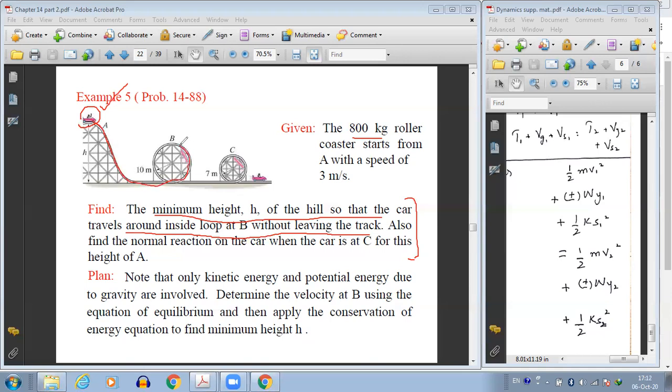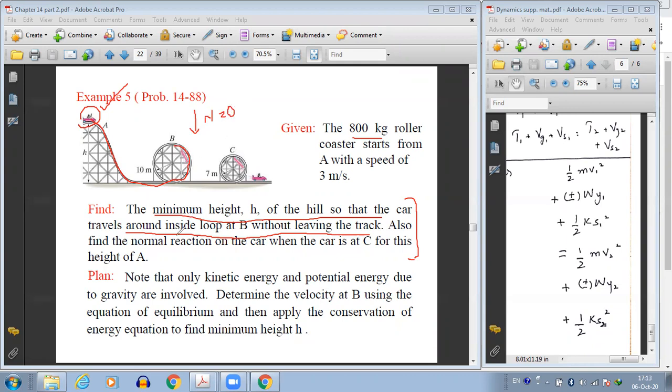When it comes to B, there is a possibility that it can leave the track. If it leaves the track, it is no more in contact with the track. So that means the normal reaction would be 0, because normal reaction comes when you have contact with the track.